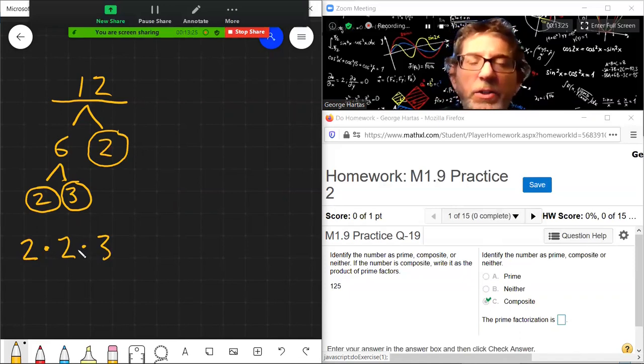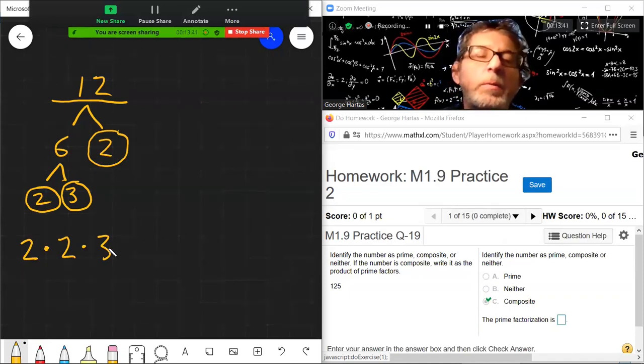These are factors of 12. In fact, if you were to multiply these out, you better get 12 back, and we do, because 4 times 3 is 12. So that's how you perform prime factorization using a factor tree.